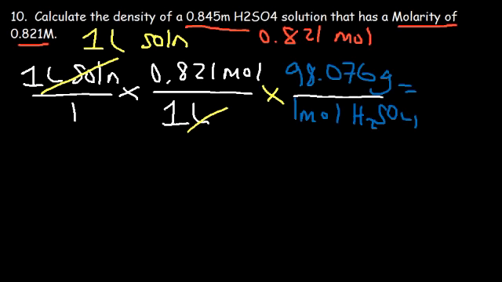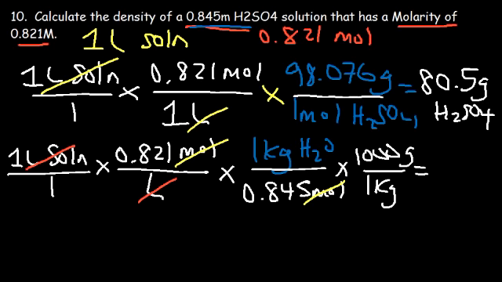So moles of solute cancel, and then we can convert this to grams by multiplying it by 1,000. So 1,000 grams per 1 kilogram. So now we can get the grams of water. So 0.821 divided by 0.845 times 1,000 means that there are 971.6 grams of water.